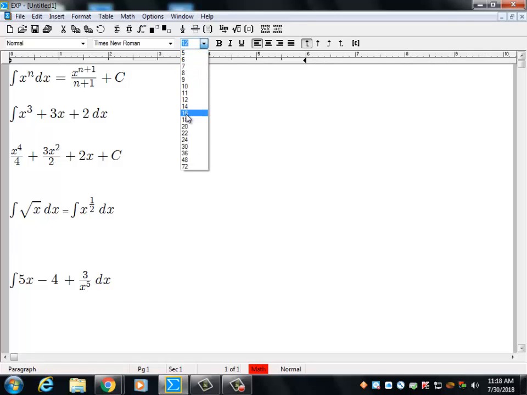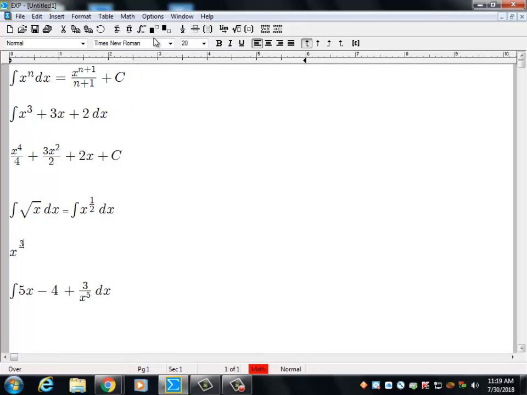You're going to add 1 and put it on the bottom. Now, when you add 1, it seems so easy, like, oh, just add 1. Well, 1/2 plus 1 is 3/2, yes? But then you've got to take that and put that over what? Over 3/2, right?